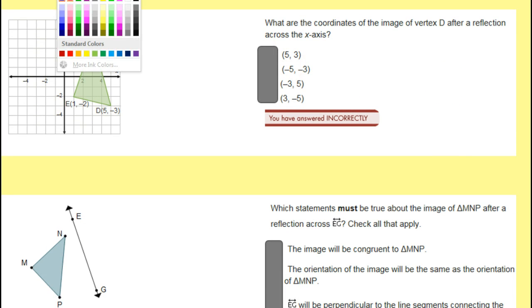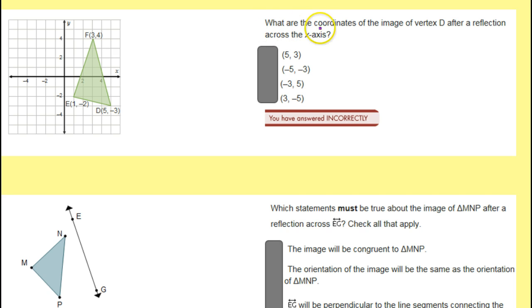What about this one? What are the coordinates of the image of vertex D after a reflection over the x-axis? Okay, so vertex D is right here. If we're going to do a reflection over the x-axis, we want to go the same distance on the other side of the x-axis.